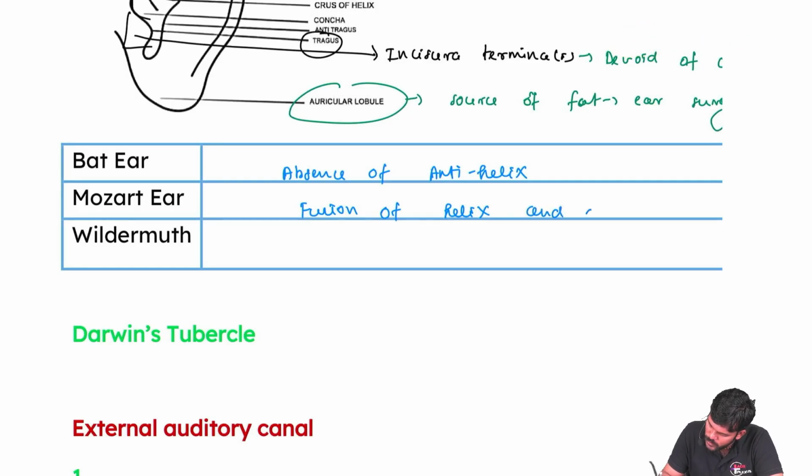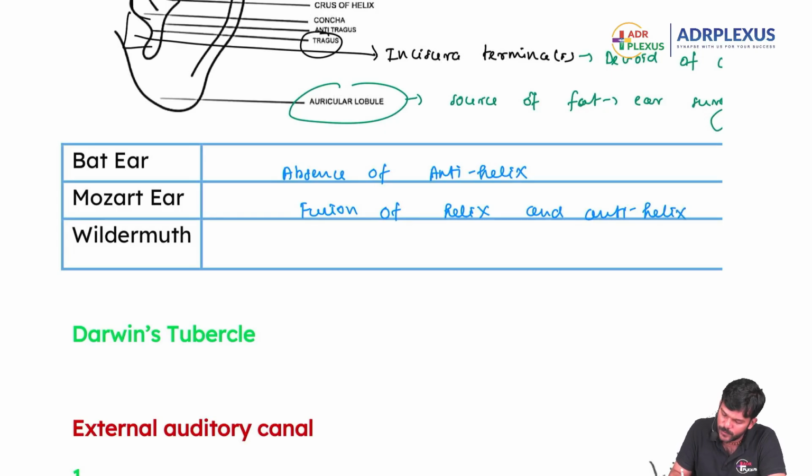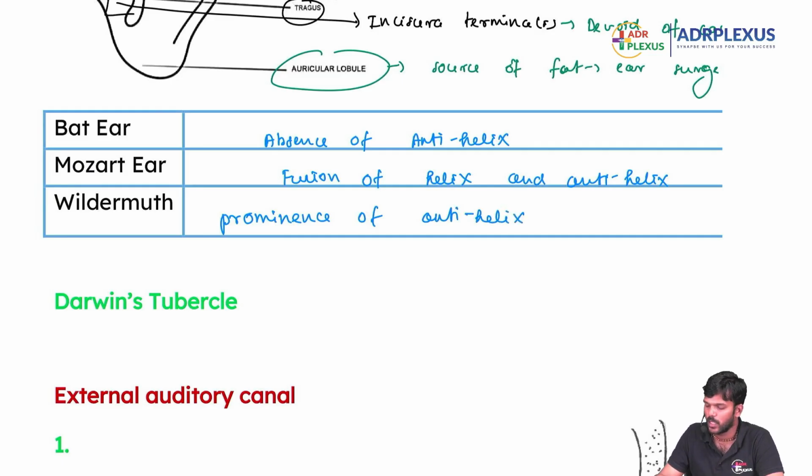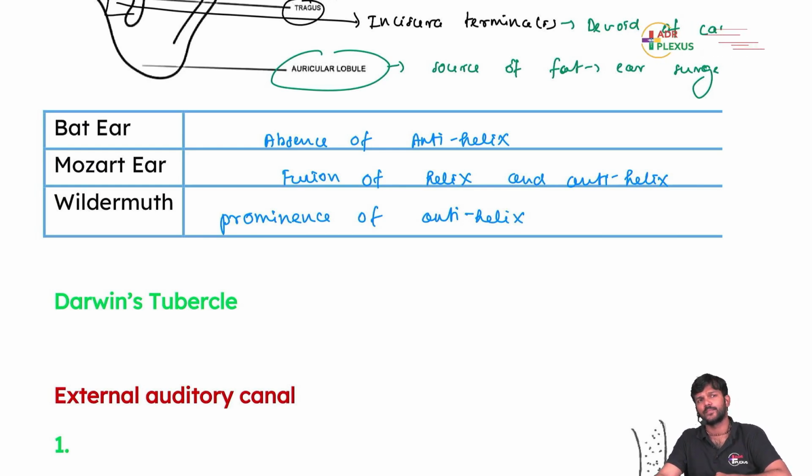Fusion of the helix and anti-helix is called Mozart ear. Prominence of the anti-helix is called Wildermuth ear. So these are pathological anomalies of the pinna.